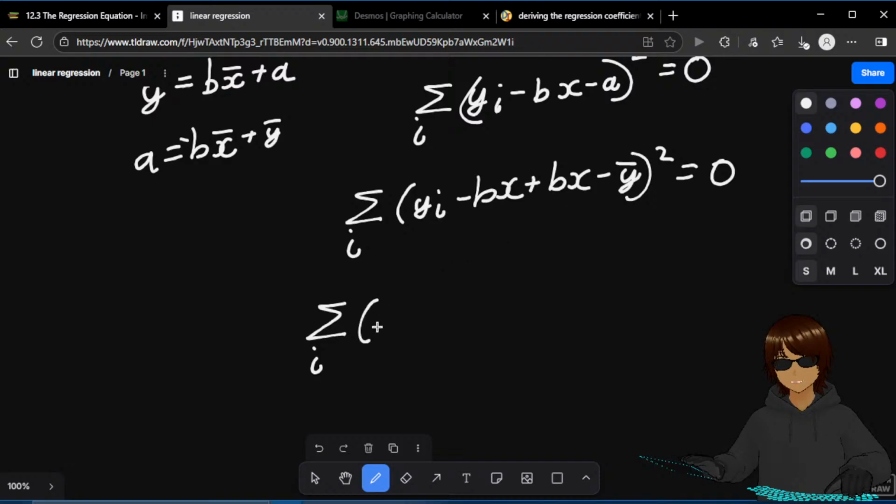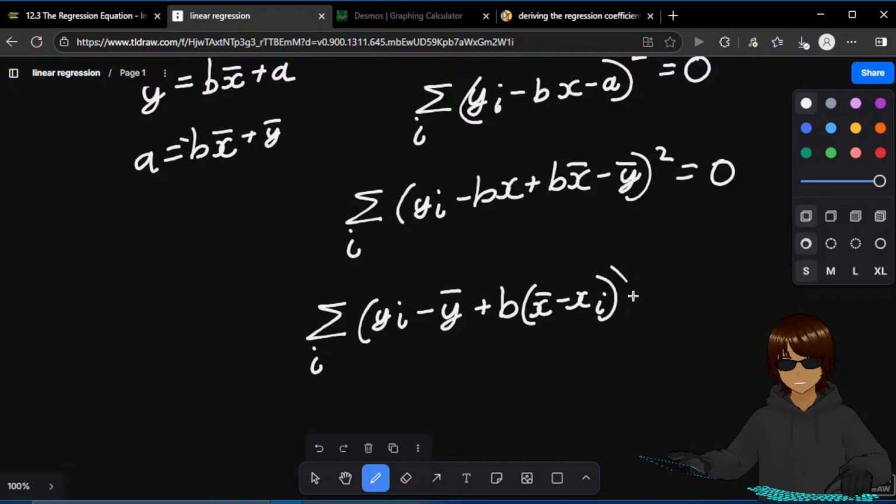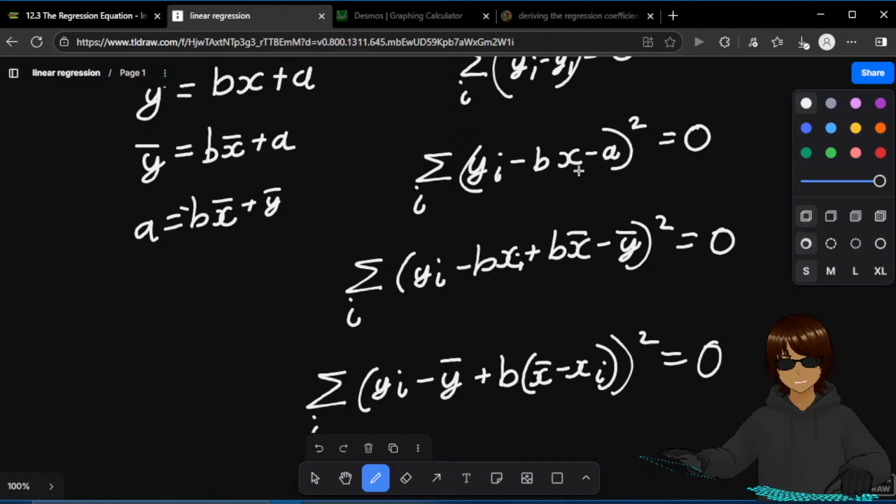I will split them. Is this correct so far?